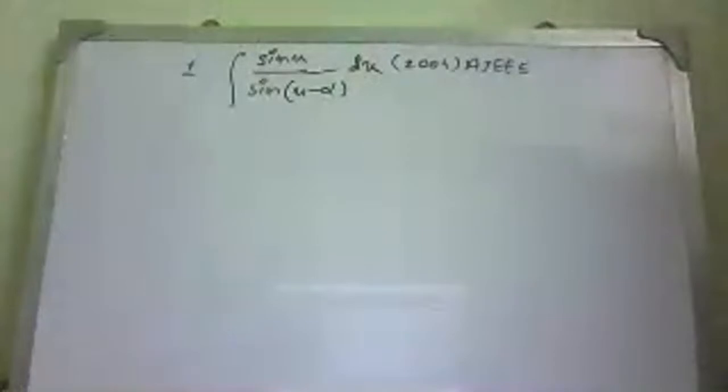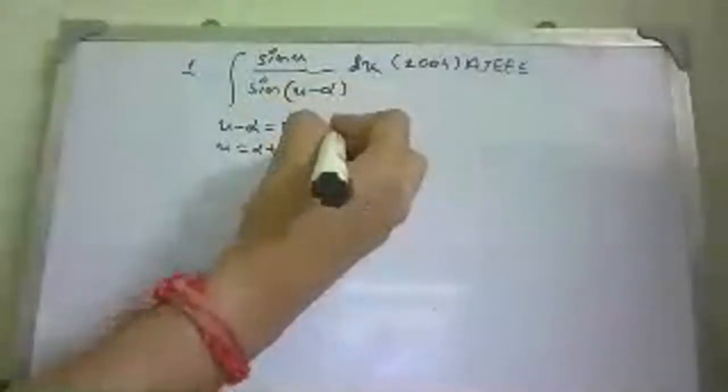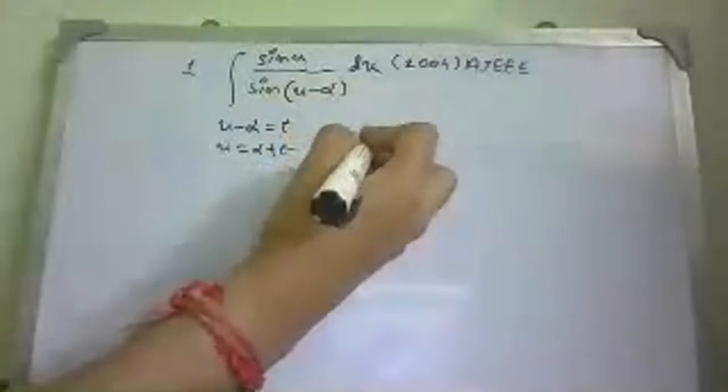So how can we solve this? This is a very simple one. We can assume that x minus alpha is some t. So from here we can understand that x equals alpha plus t. If we differentiate both the sides, we will have dt over dx as 1, because the differentiation of x is 1 and alpha being a constant, its differentiation is 0.